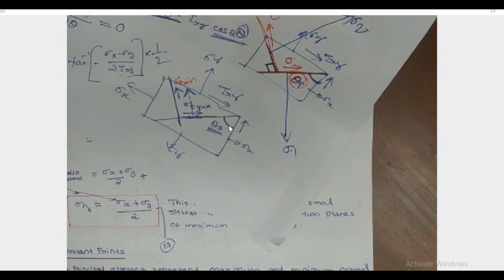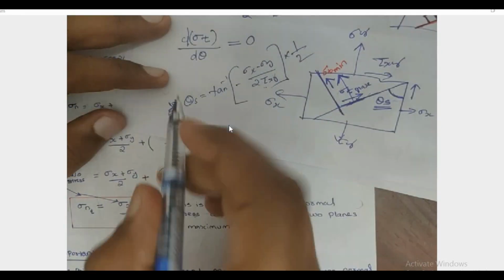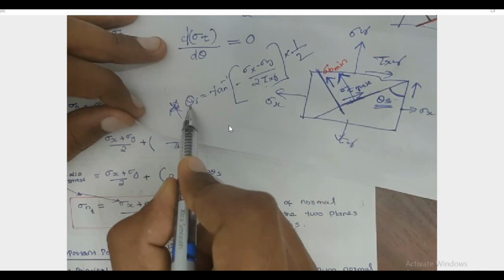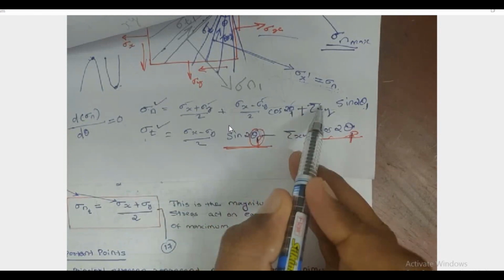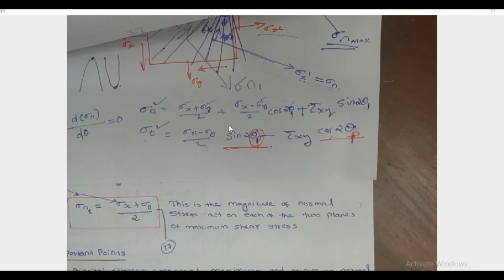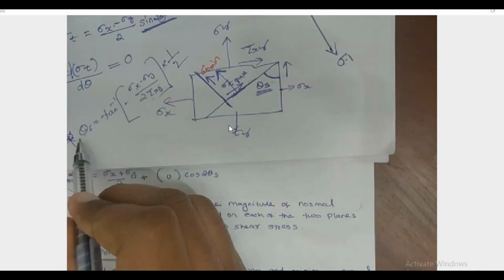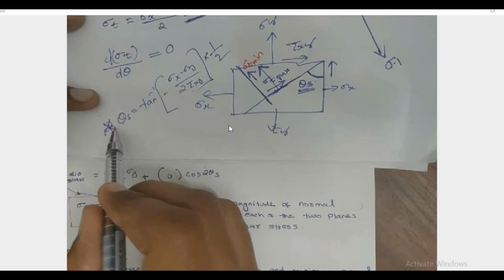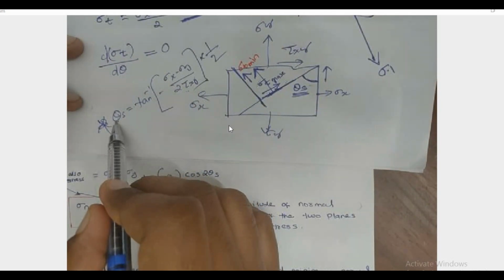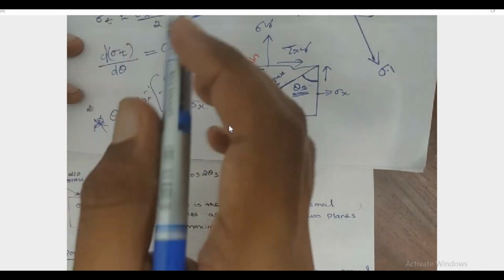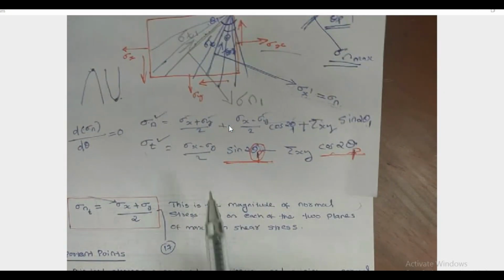How can we check? Just substitute this theta s value in the sigma n equation. Instead of substituting theta s directly, calculate sine 2 theta and cos 2 theta using the right triangle method, and then substitute.